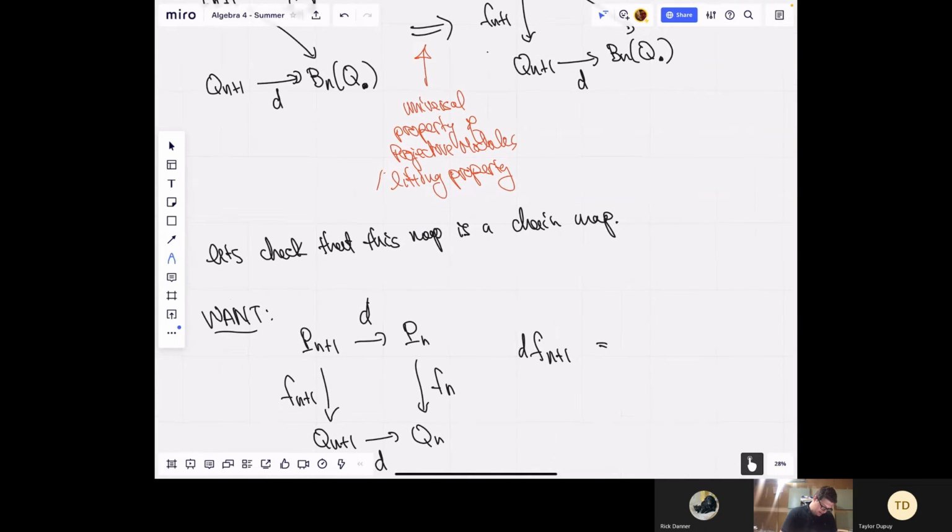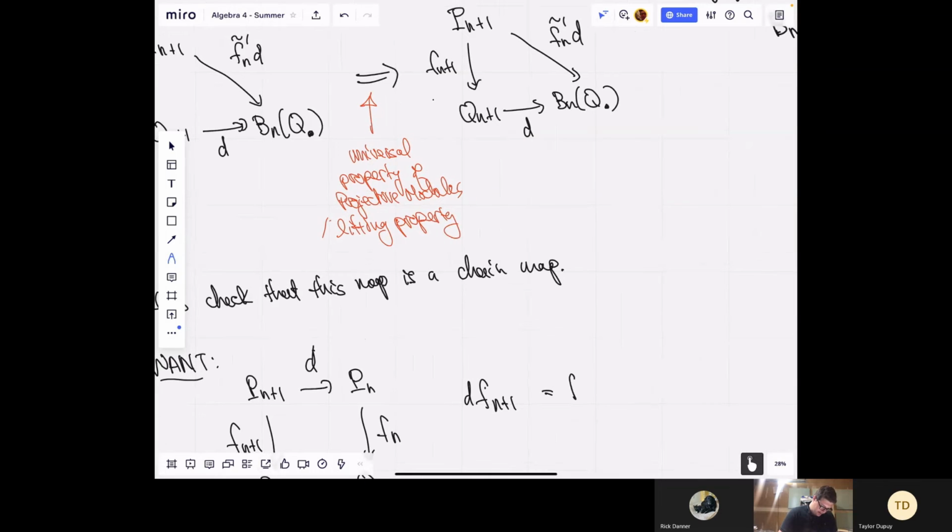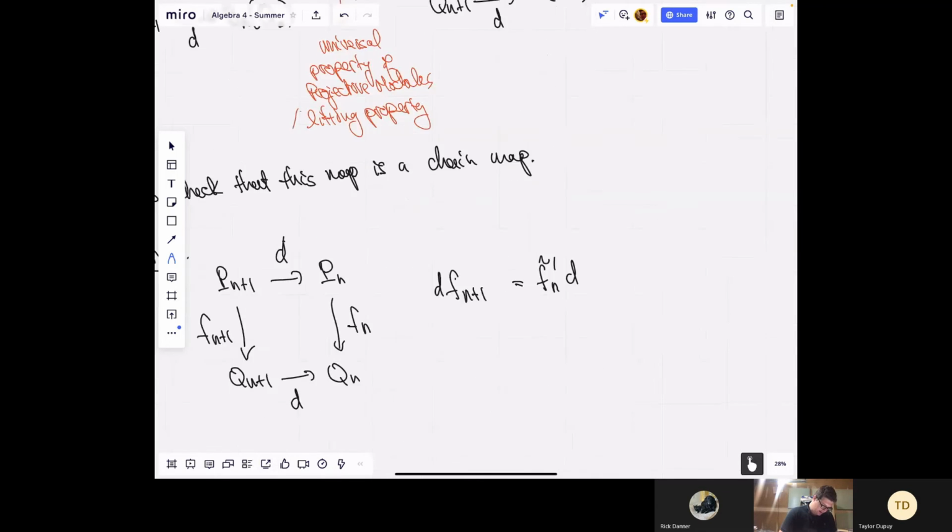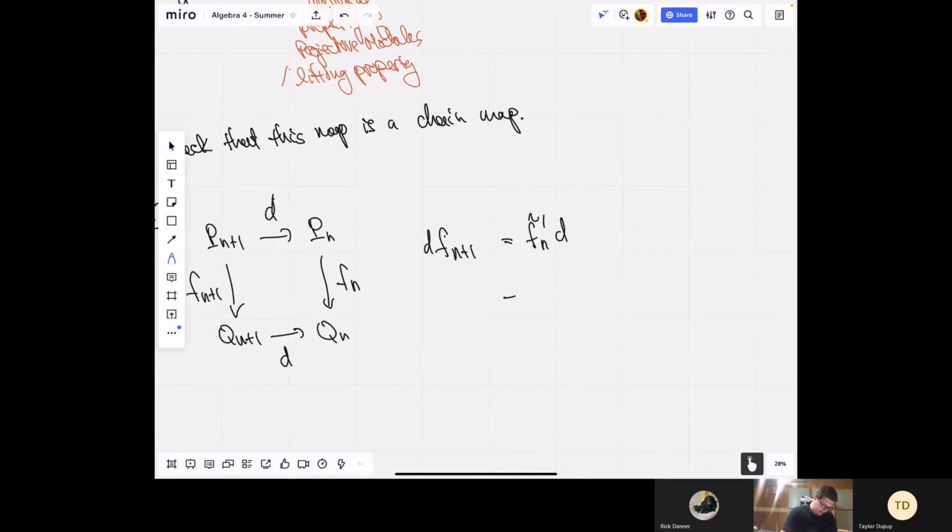So this is Fn tilde prime D, and this is the same thing as FnD because it's already going into the boundary. So these two maps have the same effect. And that's exactly what you're saying about inclusion.